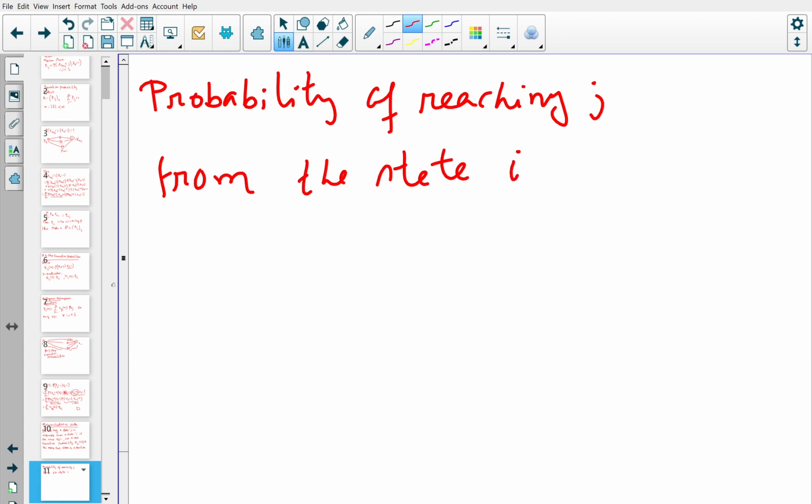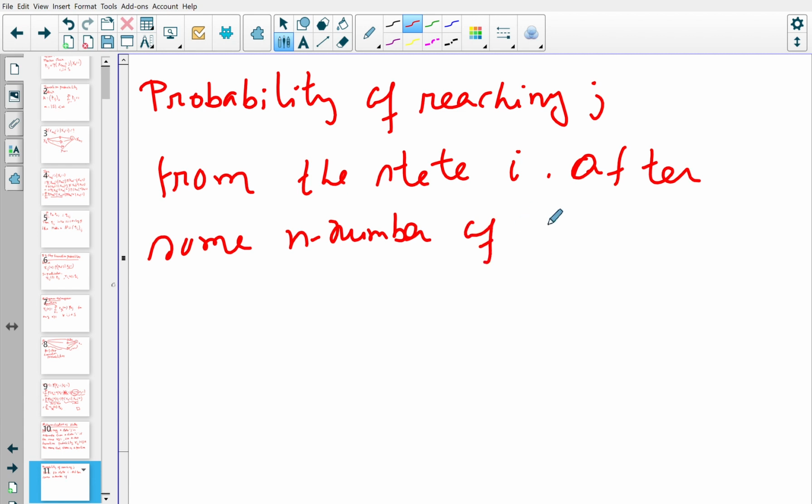So you can reach the state j from i after some n number of steps or time, n can be anything. Okay, clear.